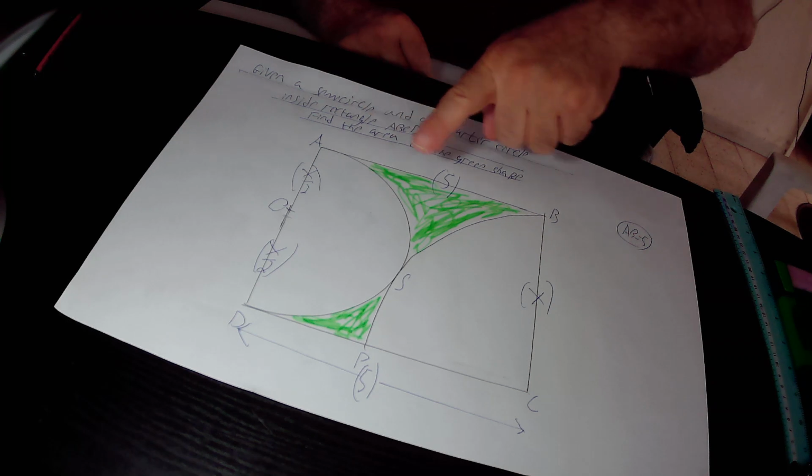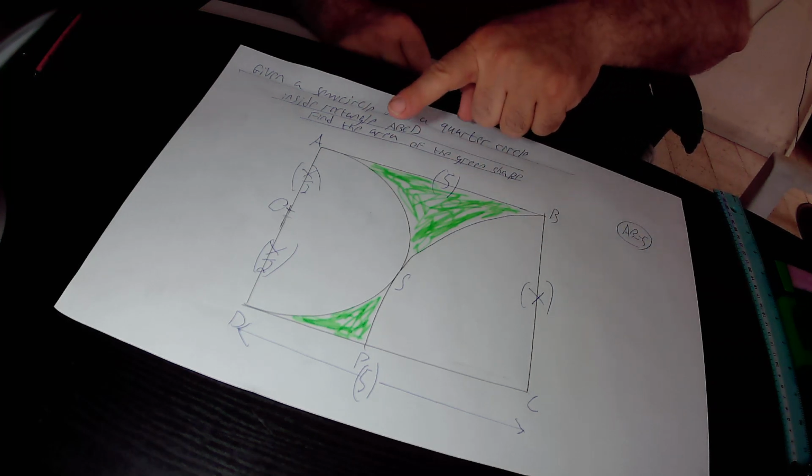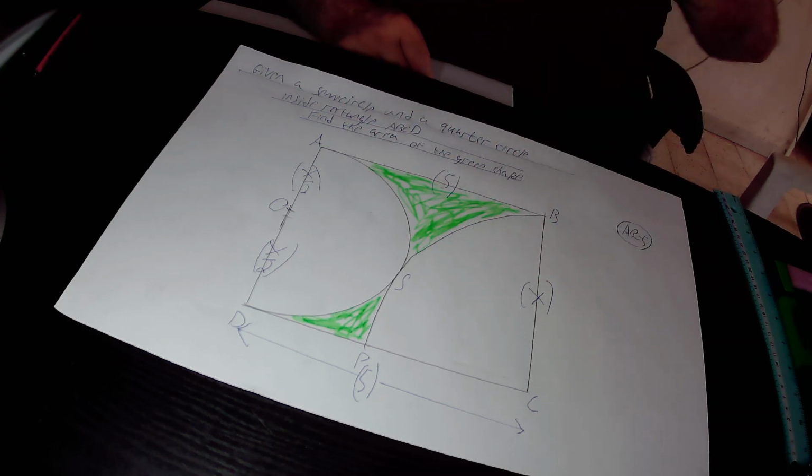So we join points O and C together by a straight line, and according to Rule 10, the straight line OC must pass through point S, that is their touching point.